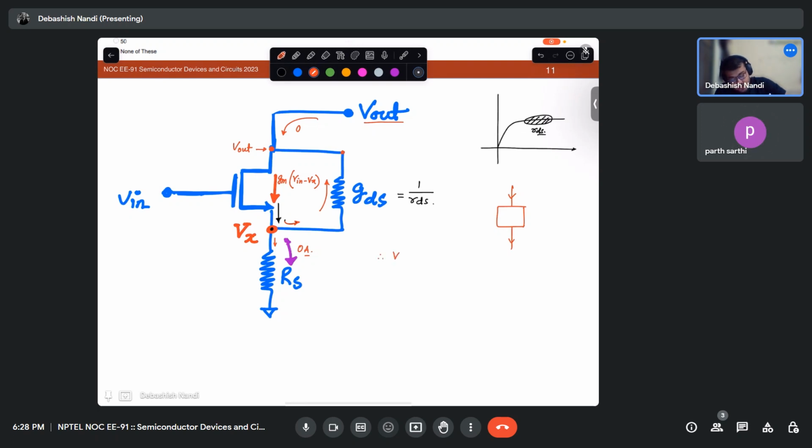That means your V out would be nothing but minus, or let's say, RDS times gm (V in minus Vx).